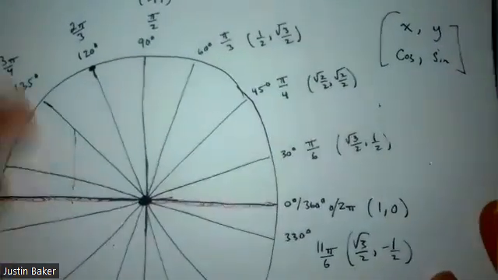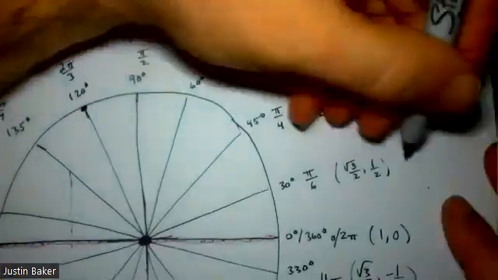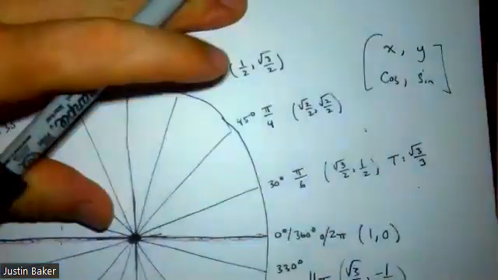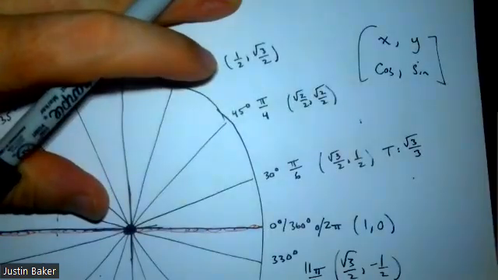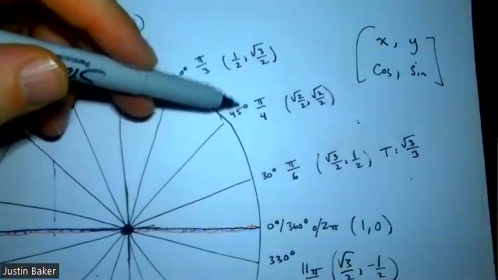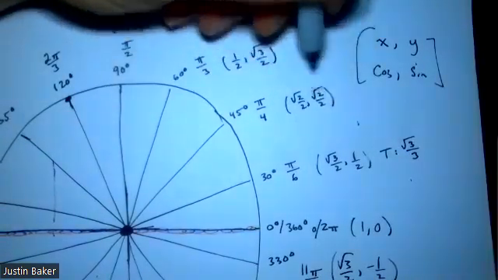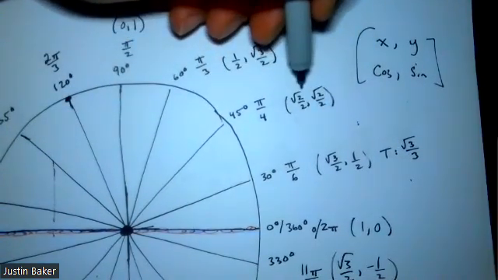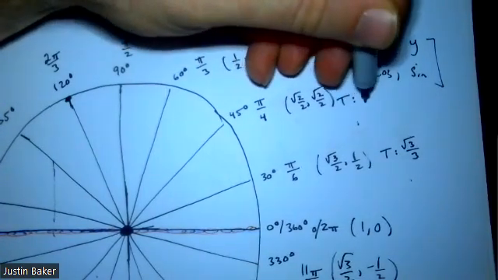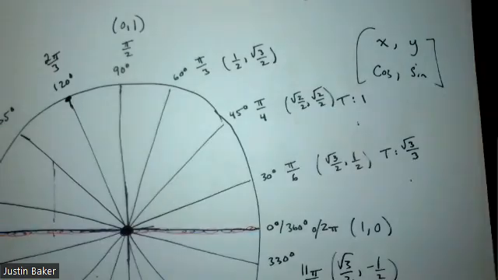So the tangent value at 30 degrees is root 3 over 3. For 45 degrees, what can you tell me? These things are exactly the same. So the same exact thing divided by the same exact thing, the tangent value is going to be 1.